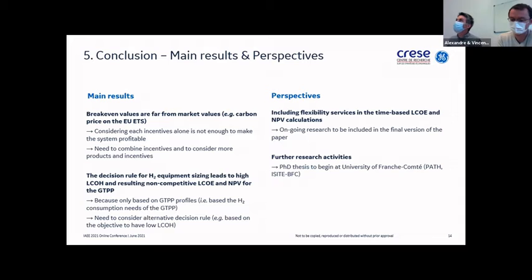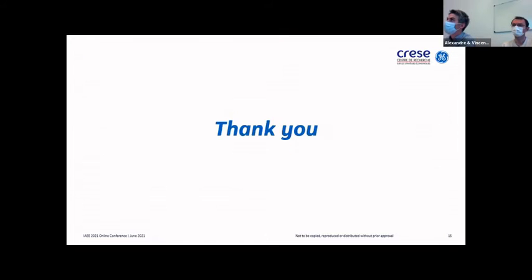Very quickly, for the perspective, we may discuss this in the discussion, but we want to consider the value of flexibility, and we also have some further research planned on this topic for the future of this research project.